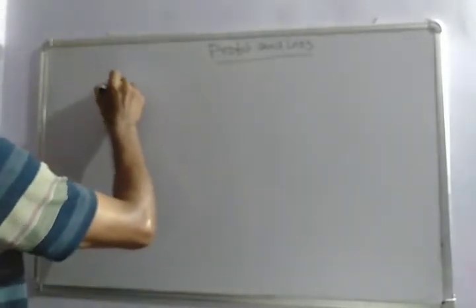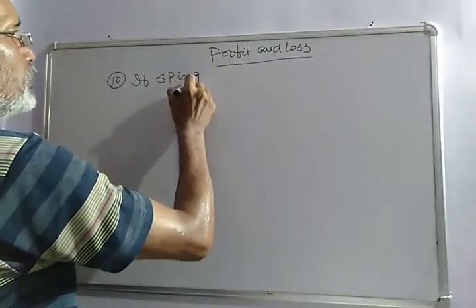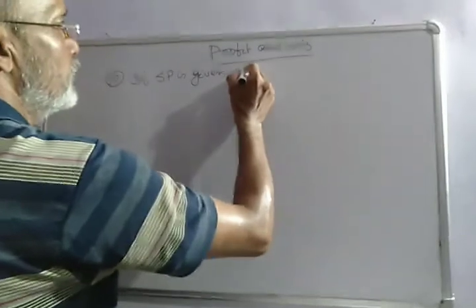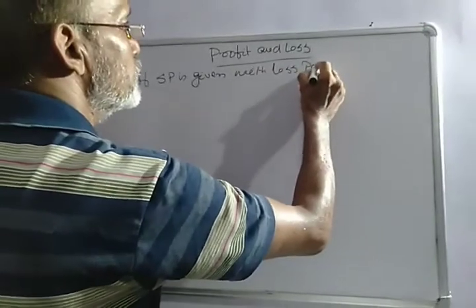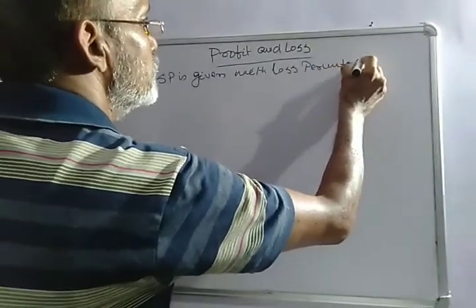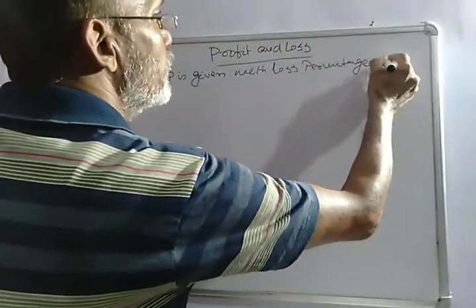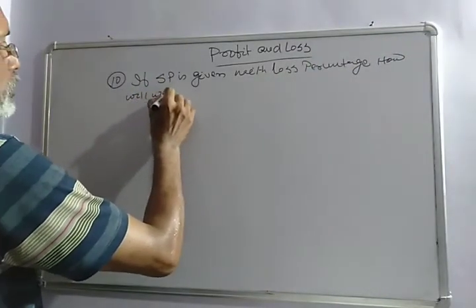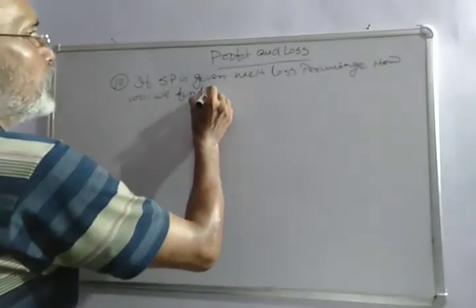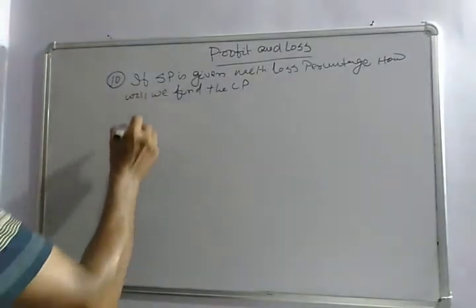Number 10. If the selling price is given with the loss percentage, then how will we find the cost price?